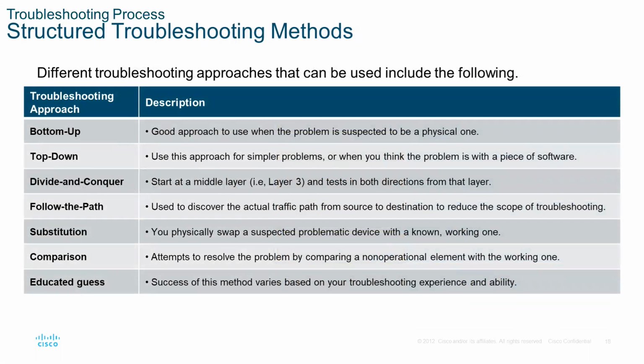So we've got a varied range of troubleshooting approaches that we can use. Now, the two main ones that are taught to newcomers are bottom up or top down. This is a systematic, layered approach to troubleshooting.